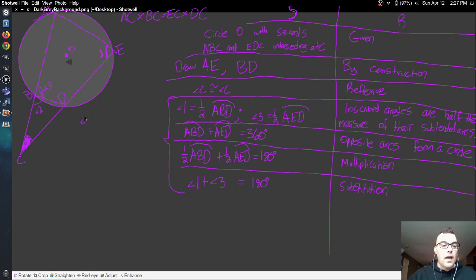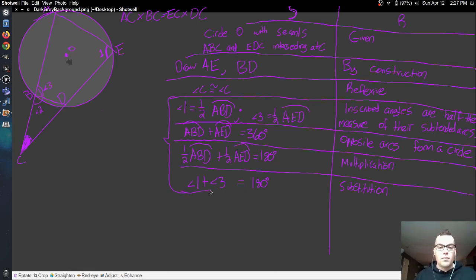I could have said that angle 1 plus angle 3 equal 180 degrees because inscribed angles that subtend opposite arcs are supplementary. Instead, I've just derived that proof in the middle of my other proof. So I now know that angle 1 plus angle 3 equal 180 degrees.